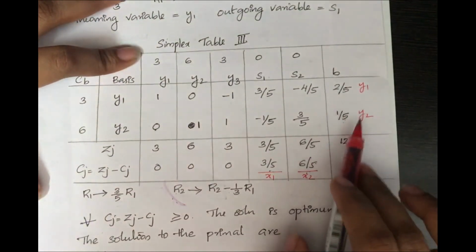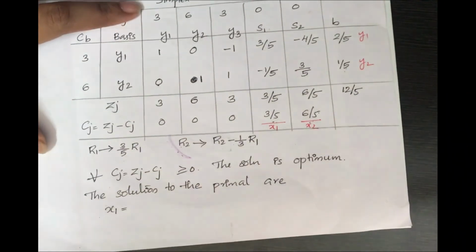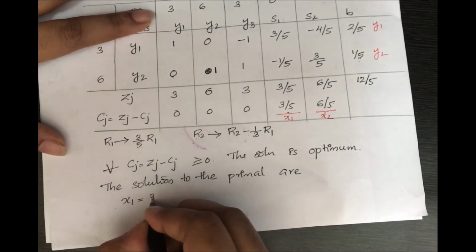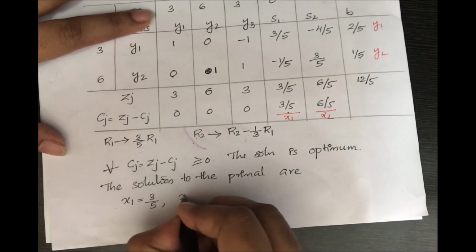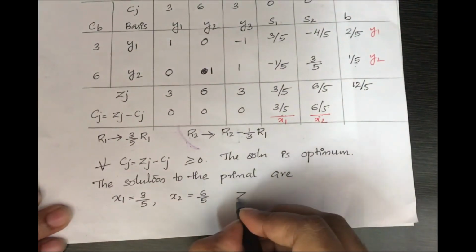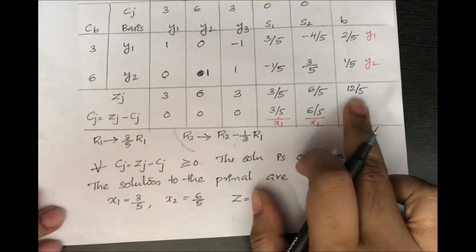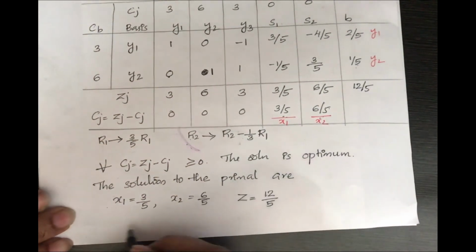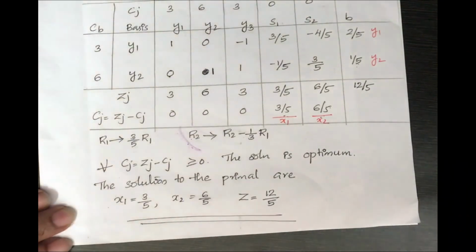These are the values of y1 and y2, and these are the values of x1 and x2. So x1 is equal to 3 by 5, x2 equal to 6 by 5. Z is 12 by 5 itself, 12 divided by 5. This is the actual solution.